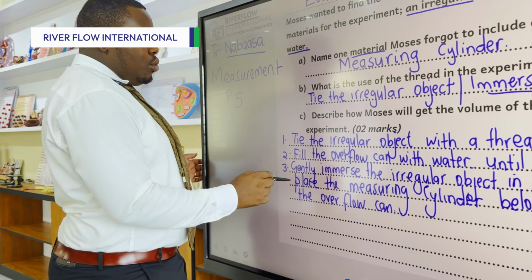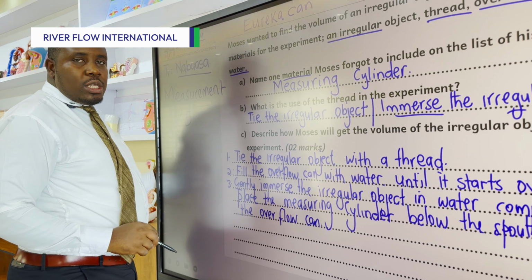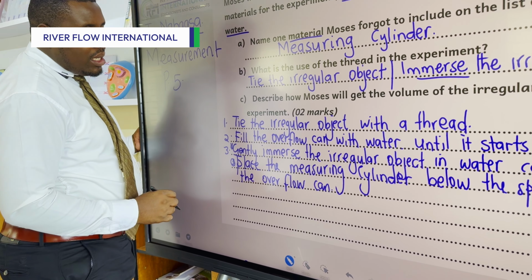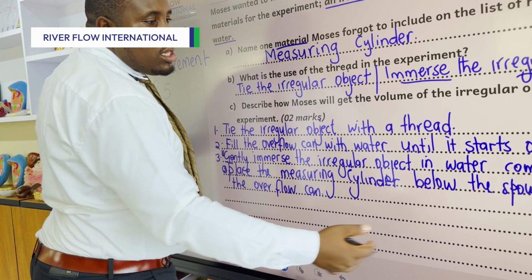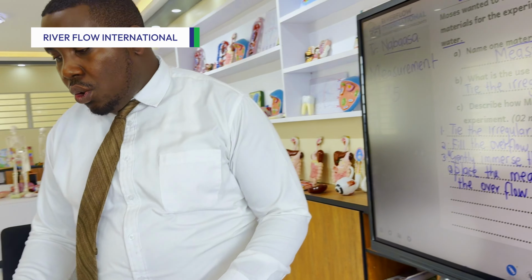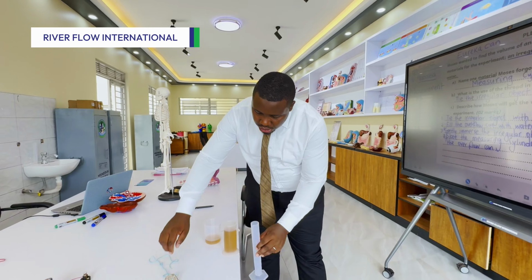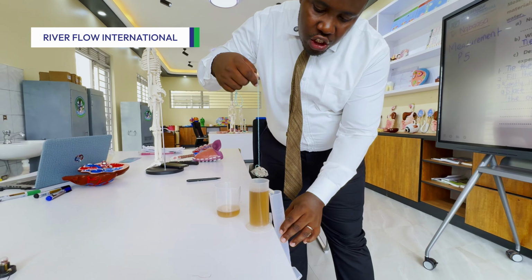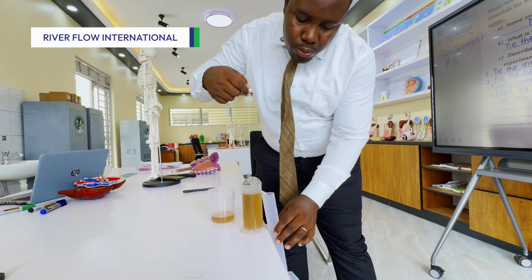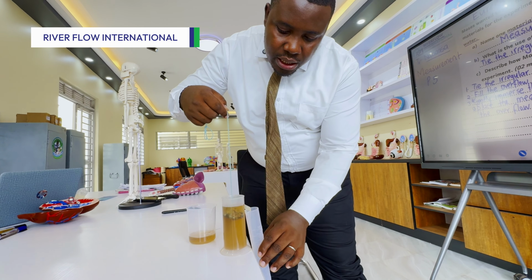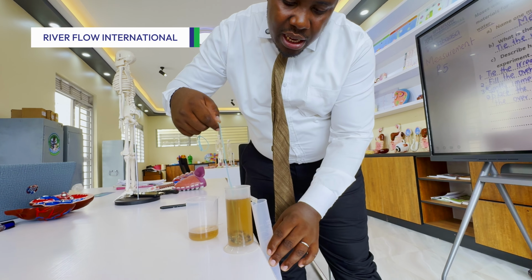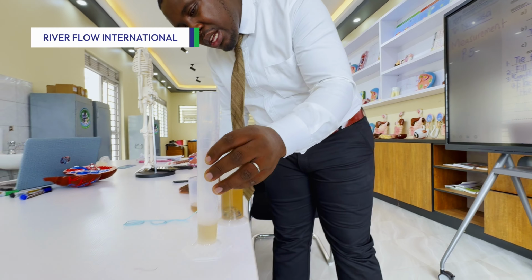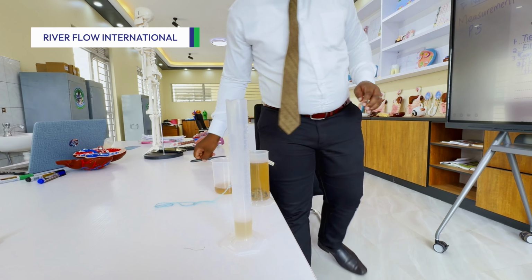Or you could have started with this first, which becomes our number 3, and then gently lowering becomes our number 4. But either way, since I've put it in one sentence, it is okay. So I put the measuring cylinder here, and then I gently lower the object. You will see water being displaced. So I lower slowly like this. Water has been displaced and it is here in my measuring cylinder.